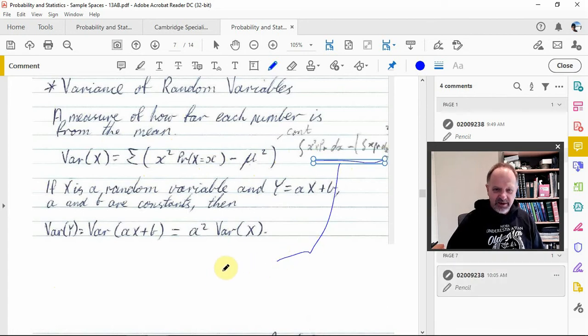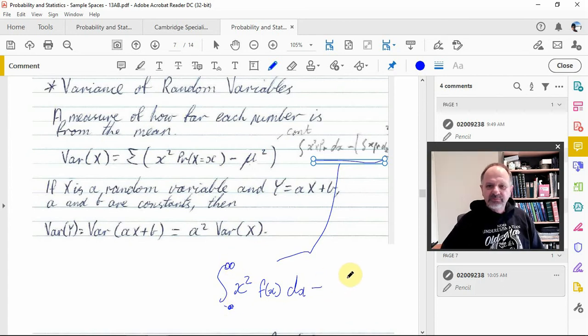For continuous random variables, it's related to this bit, which is the integral from negative infinity to infinity of x squared times f(x) dx, minus the mean bit squared, and the mean bit is again the integral from negative infinity to infinity of x times f(x) dx, and I've squeezed that in again, and all squared.